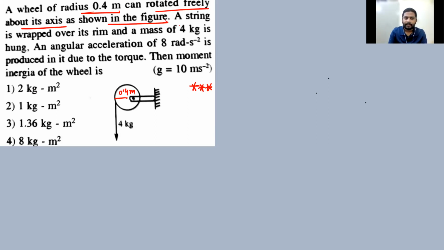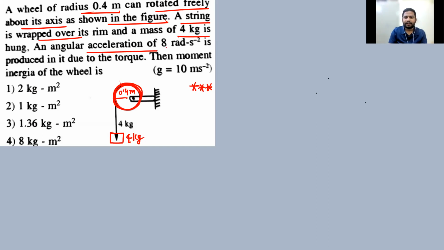A string is wrapped over its rim. See, there is a string wrapped like this, like a rope, and the rope will rotate this disc. And a mass of 4 kg is attached to it.